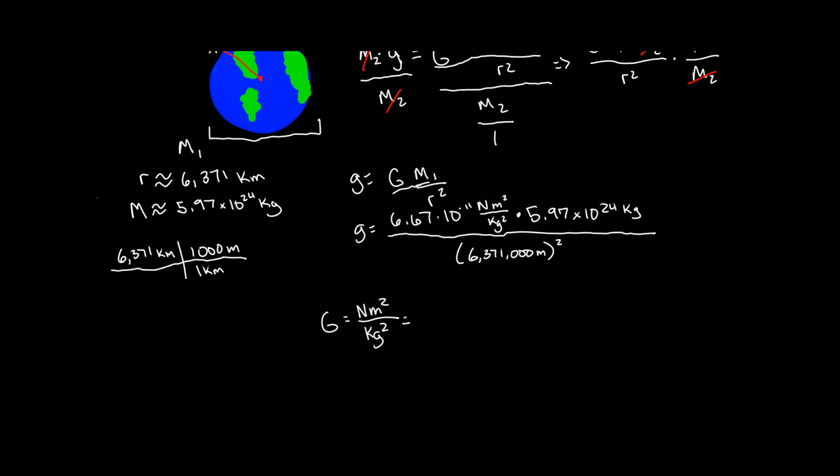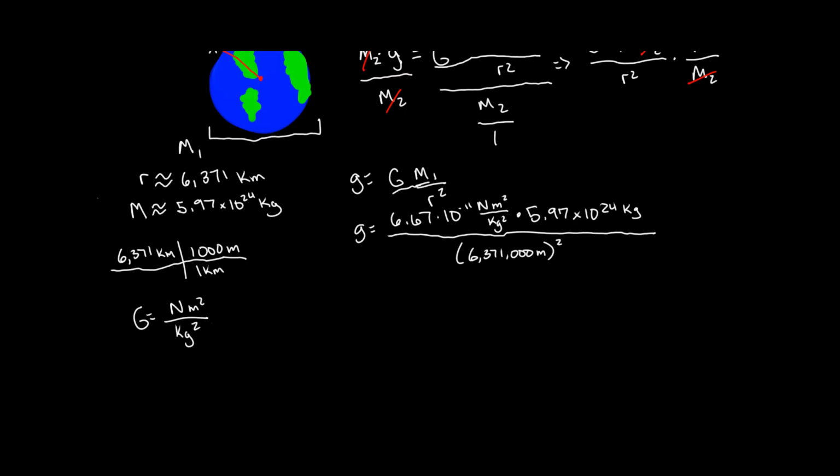Let me get this erased because we're going to need some room for this. And let's get our pen back. So G is equal to Newton meter squared over kilogram squared.